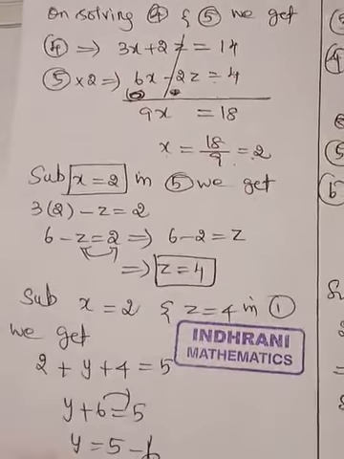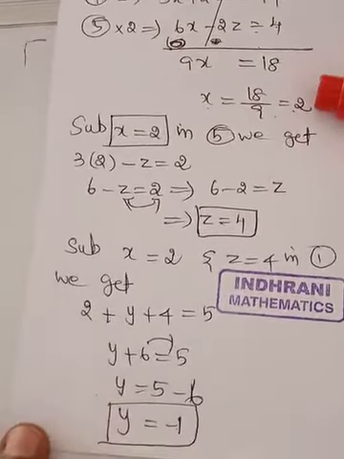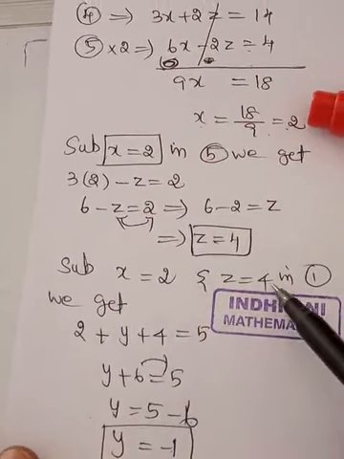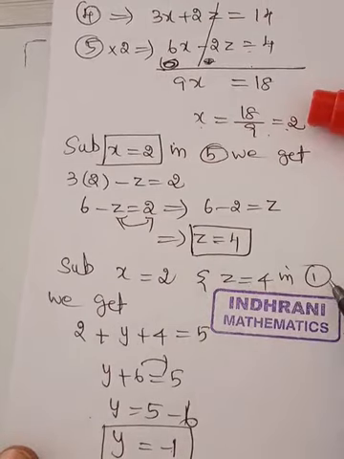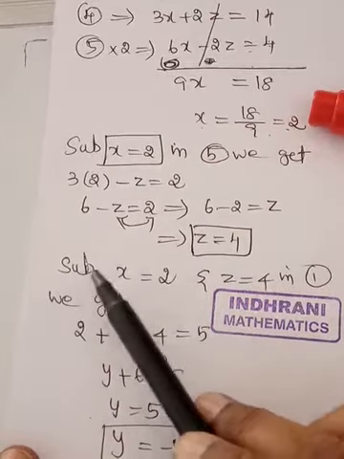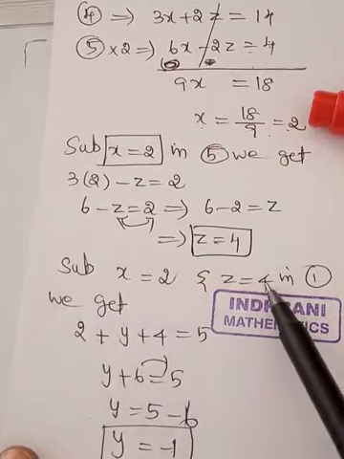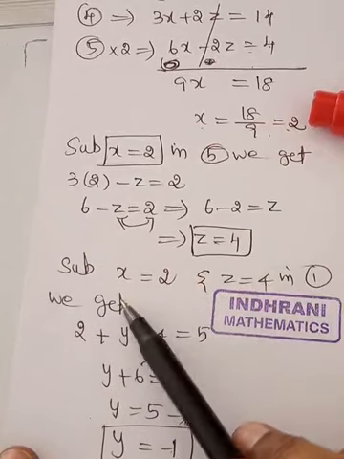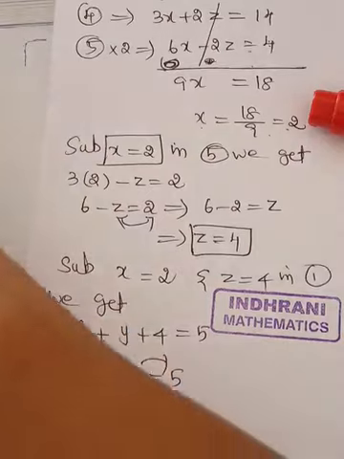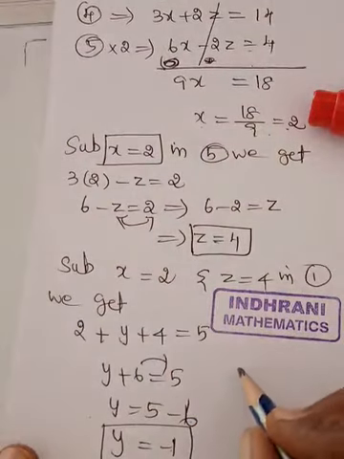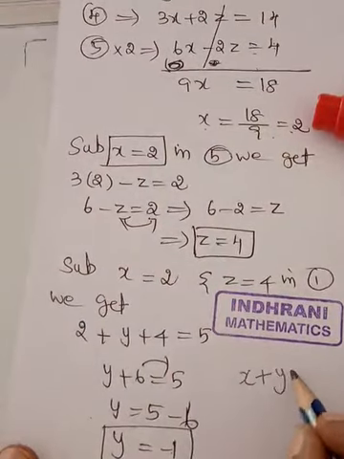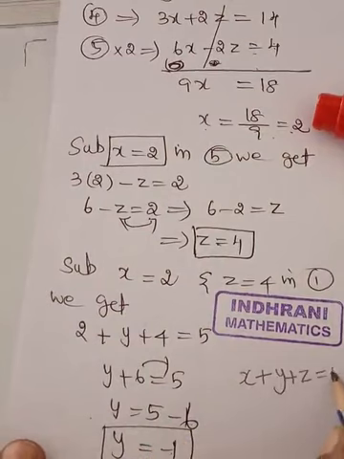So we got the value of z, and we already got the x value. Both you substitute in equation number 1. Substitute x equal to 2 and z equal to 4 in equation number 1. Our first equation is nothing but x plus y plus z equal to 5.